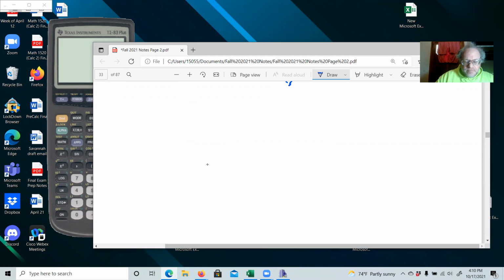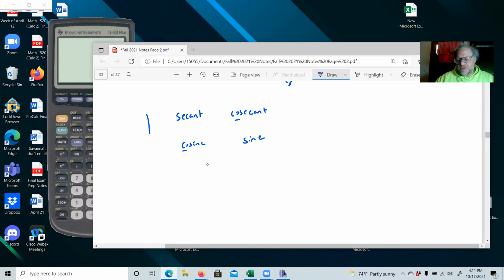All right. So the idea between a secant and a cosecant is that they are the reciprocal functions of cosine and sine. Don't let the reciprocal part confuse you. The "co" means the complementary angle.